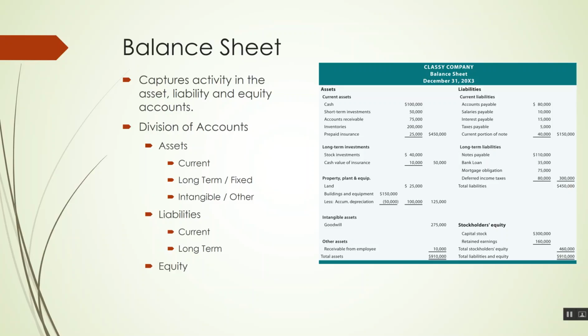Your long-term or fixed assets are assets that you anticipate residing on your books in excess of a year. So this is oftentimes going to be long-term investments. Property, plant, and equipment would be another example of a long-term asset. Then your other assets might be miscellaneous things such as goodwill, other types of miscellaneous receivables, or other common forms of other assets.